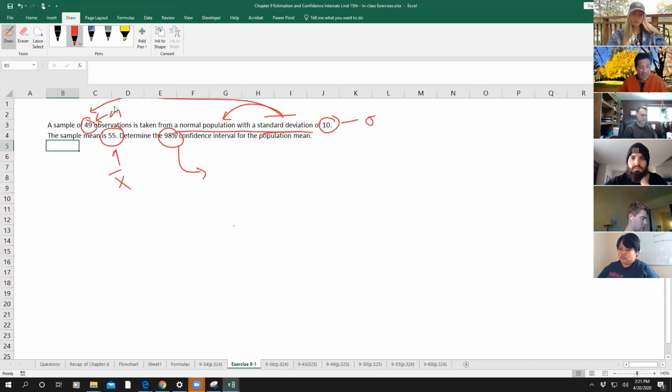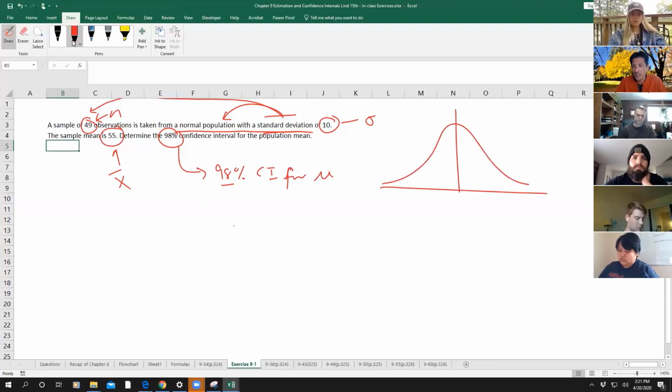So we are being asked to compute the 95% confidence interval, not 95, sorry, 98% confidence interval for mu. If we draw the distribution, that will be x bar minus e, x bar plus e.